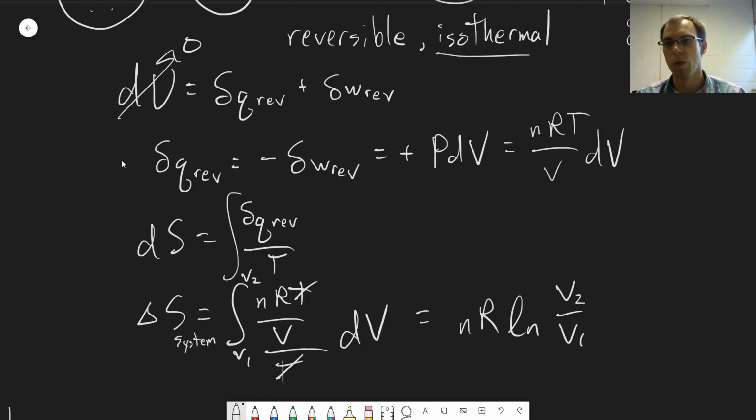Now, we could do this process in two different ways. We could do the reversible process, where we're slowly letting gas out and the system stays at equilibrium essentially, and so the pressure slowly builds up on the right-hand side. Or we can just open the valve up and let the gas expand against zero pressure. And the entropy change will be the same either way for the system, because entropy is based on the reversible process.